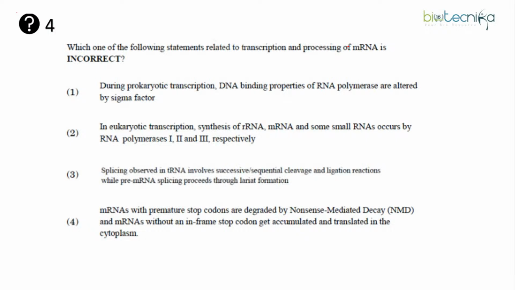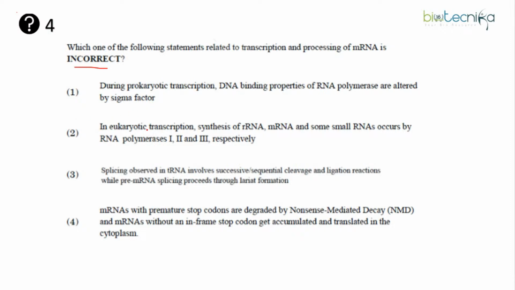Now next, the next question is saying which one of the following statements related to transcription and processing of mRNA is incorrect? Mind that, they are asking which is incorrect. So, number one, during prokaryotic transcription, DNA binding properties of RNA polymerase are altered by sigma factor.